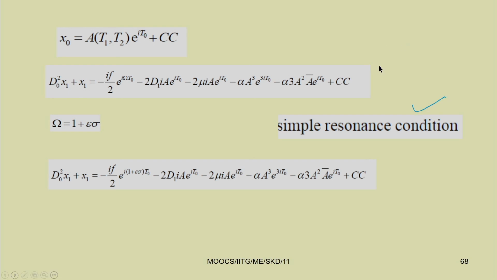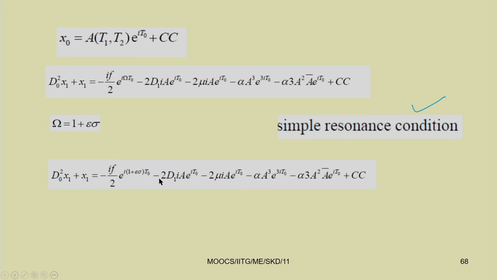So, we can write D 0 square x 1 plus x 1 equal to i f by 2 minus i f by 2 e to the power i into 1 plus epsilon sigma t 0, minus 2 D 1 i a e to the power i t 0, minus 2 mu i a e to the power i t 0, minus alpha a cube e to the power 3 i t 0, minus alpha into 3 a square a bar e to the power i t 0, plus its complex conjugate of the preceding terms.